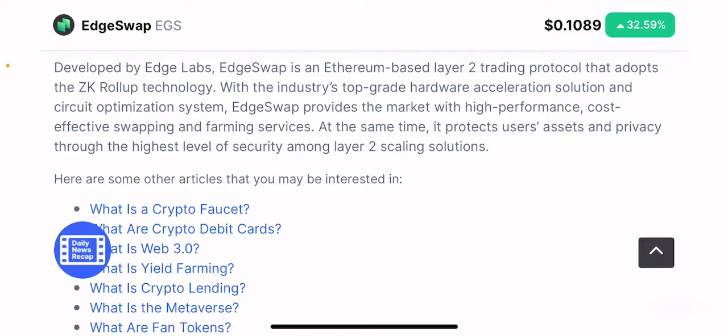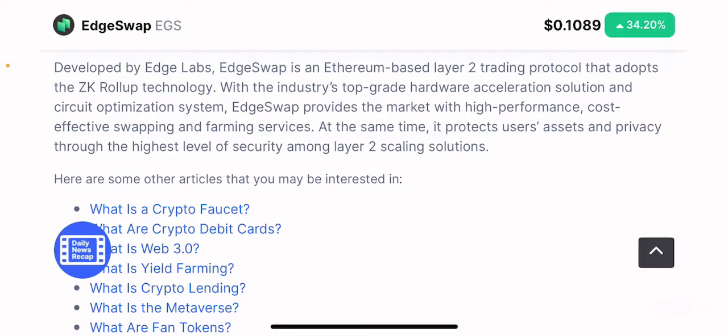So that's pretty cool. With the industry's top grade hardware acceleration solution and circuit optimization system, EdgeSwap provides the market with high performance, cost effective swapping and farming services.